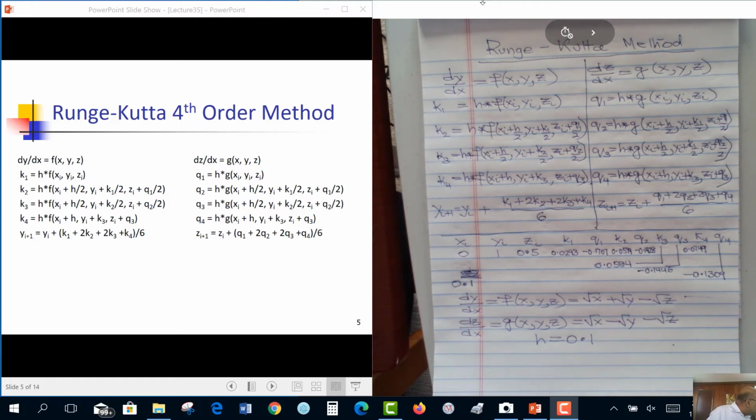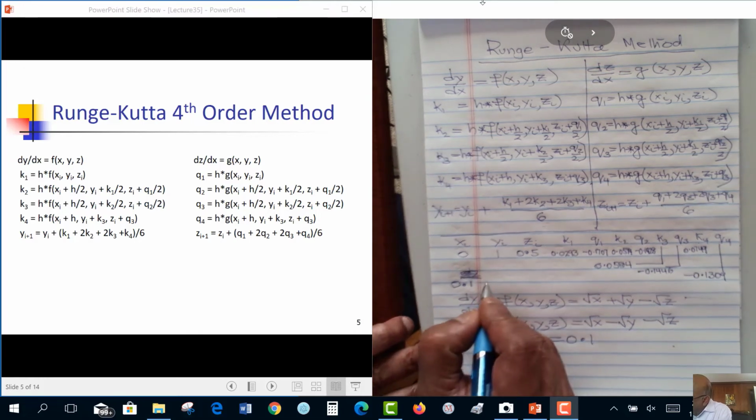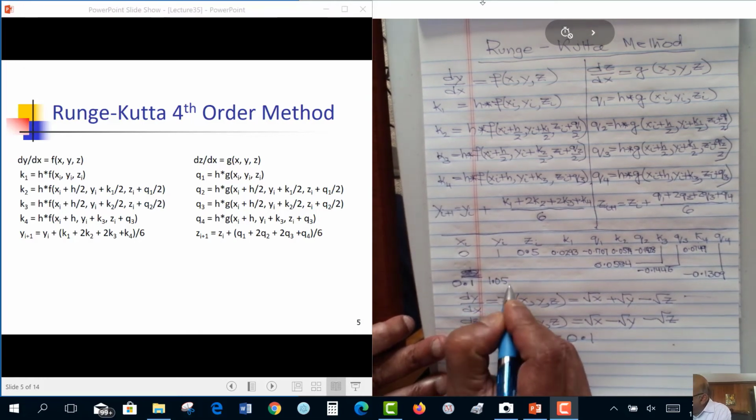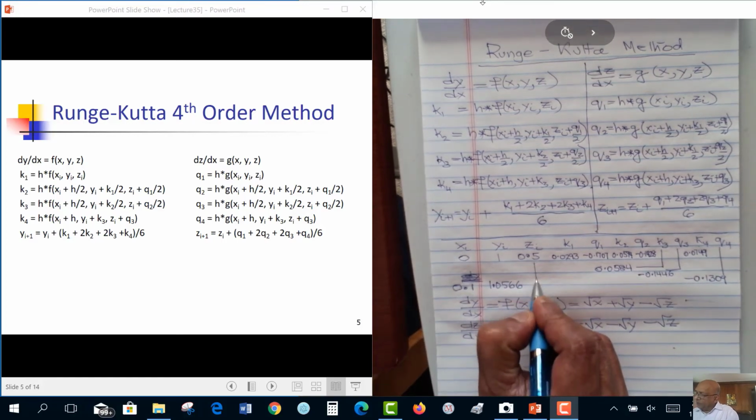That did not match my value. Let's see, 1.056. Let's try it again. 0.0293 plus 2 times 0.0594 plus 2 times 0.0584 plus 0.0749, divided by 6, plus 1. Okay, so I'll get 1.0566.